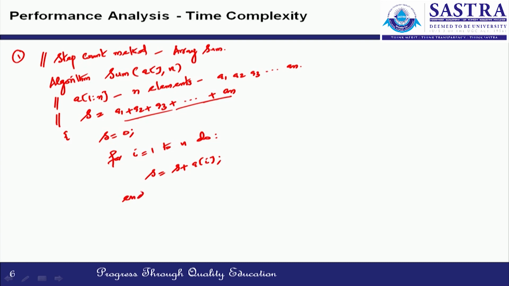End for. Then finally we need to return the value of S. Return S, closing curly brace. This is the end of algorithm Sum.